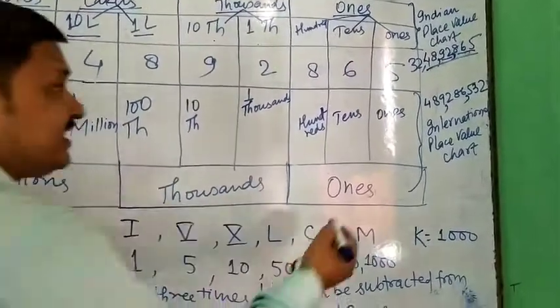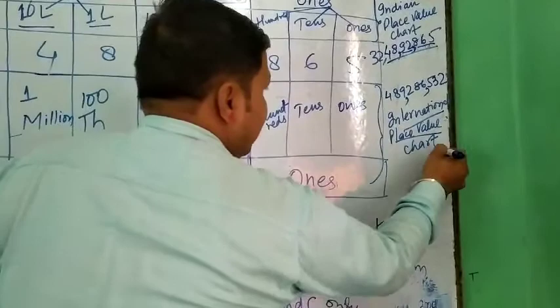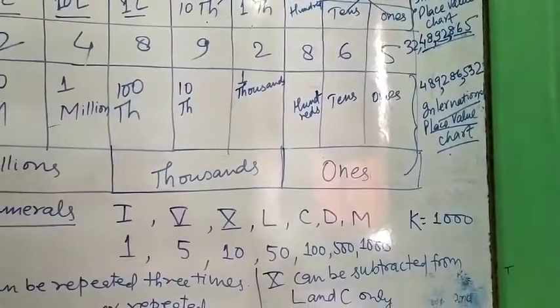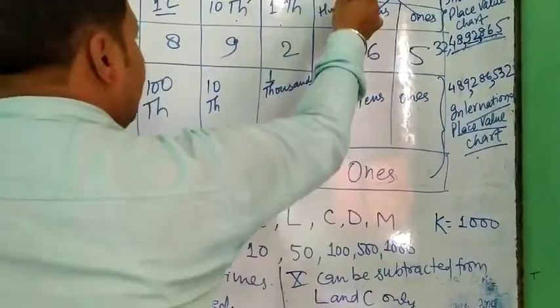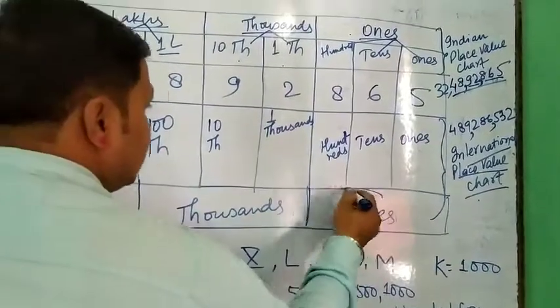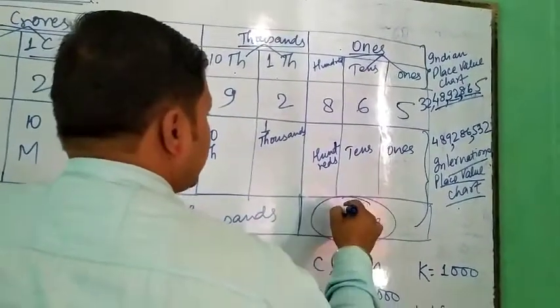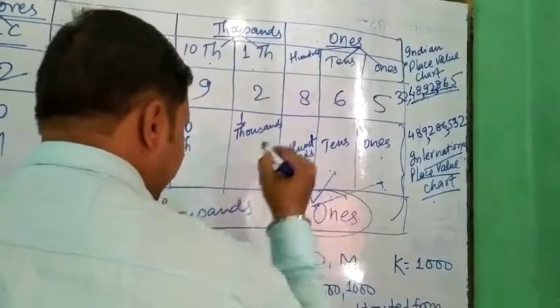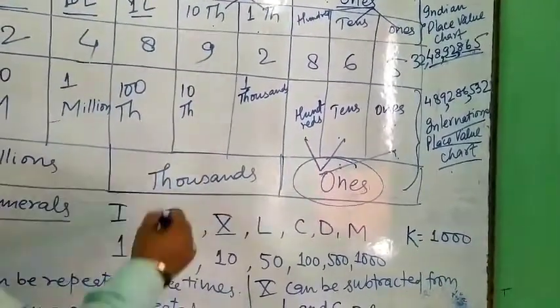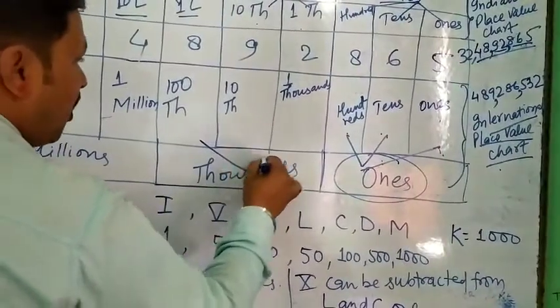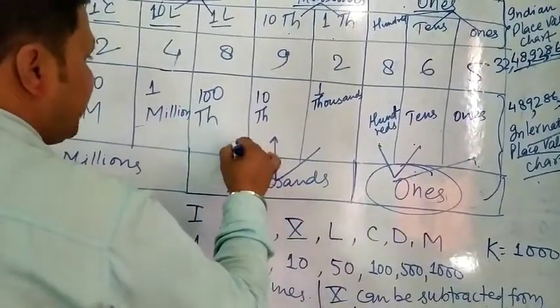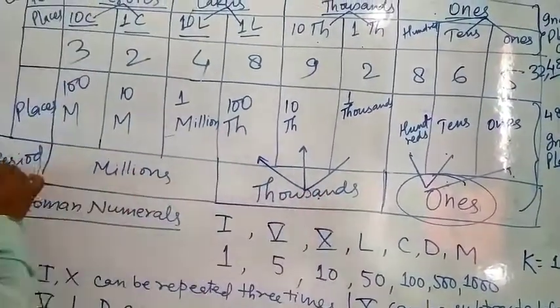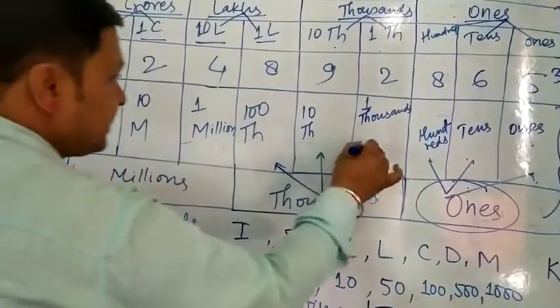The other is the international place value chart. The ones period is divided into 3 parts: ones, tens and hundreds. And thousands will also be divided into 3 places. These are the periods and these are places.